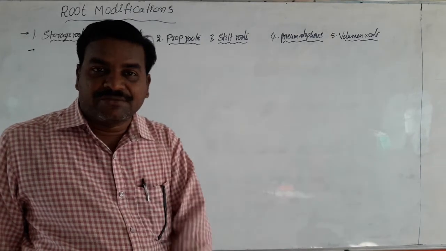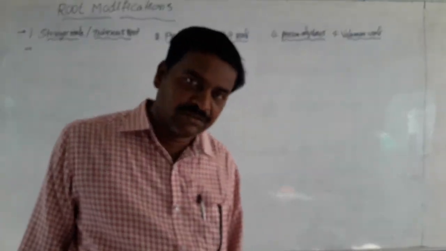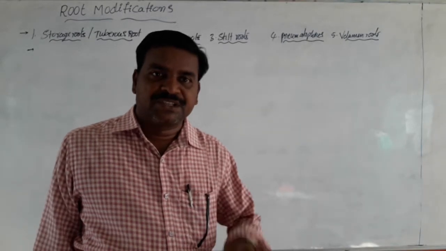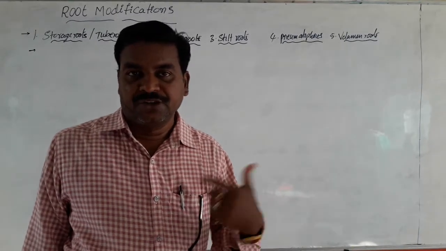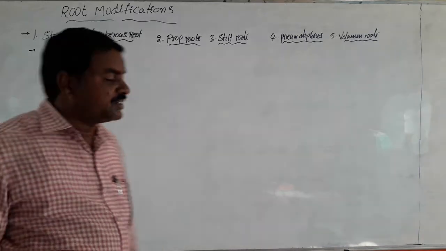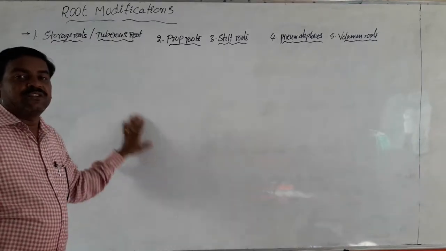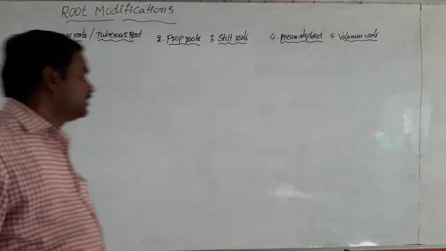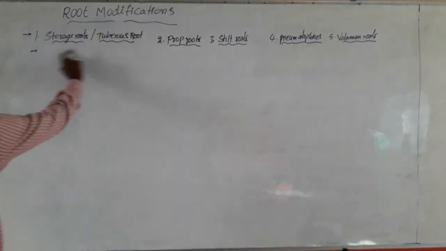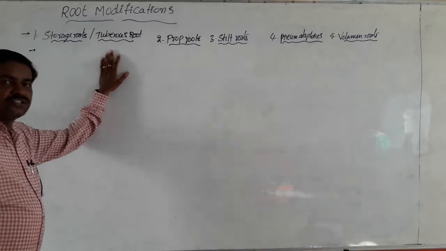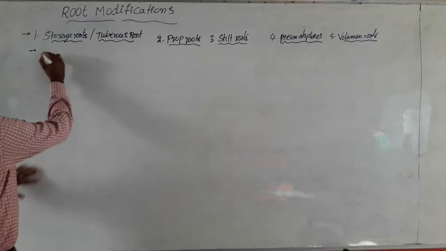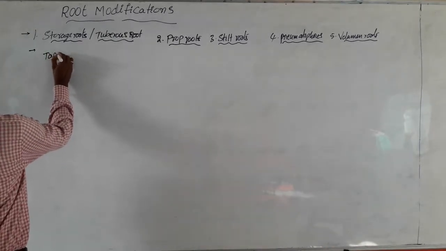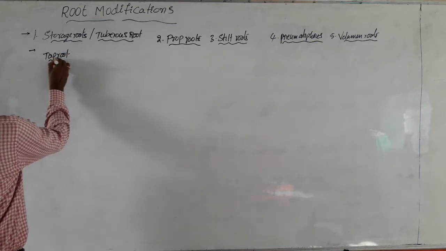Due to the storage of food materials inside the root, it becomes bulged and tuberous. Such roots which store food material and become bulged and tuberous are called storage roots or tuberous roots. In some members, the taproot stores food material.